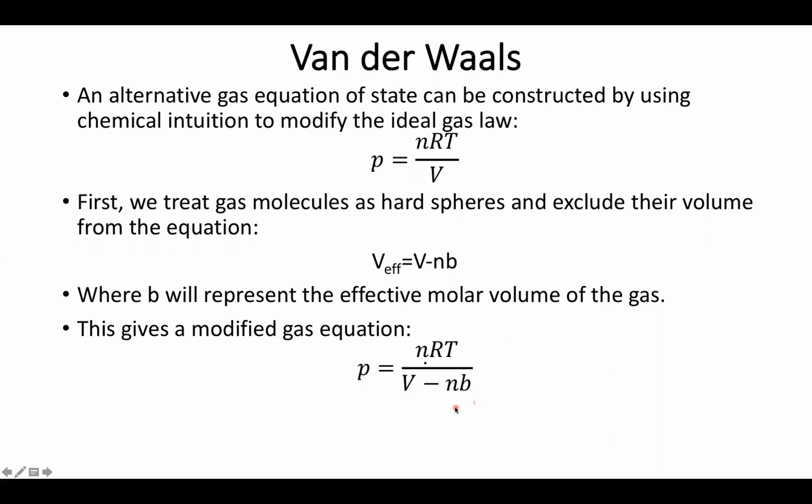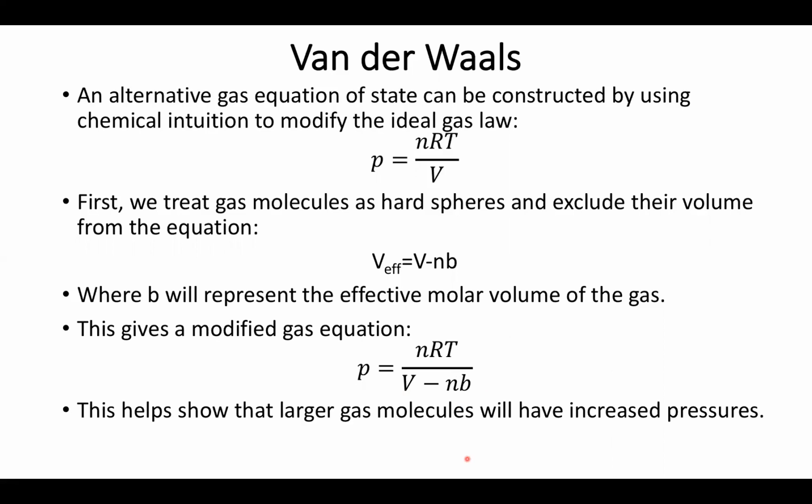The first thing we want to do is make sure that this form represents real experimental phenomena. If I have a larger gas molecule, meaning my b parameter is quite large, this gives me a relatively smaller denominator and a larger pressure term.